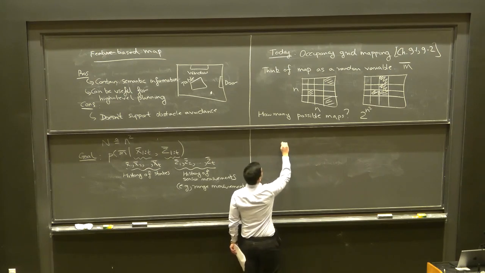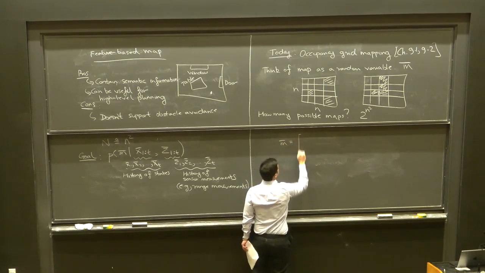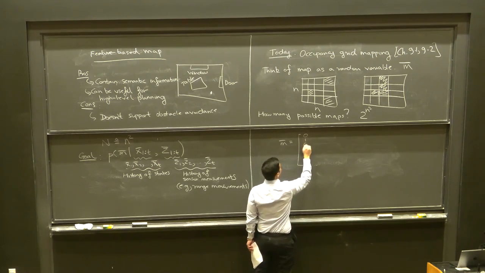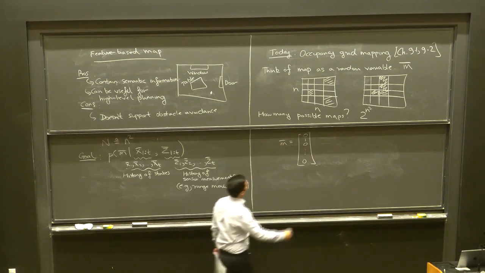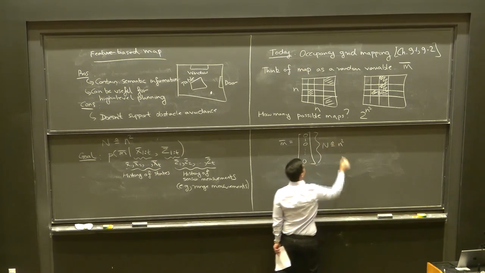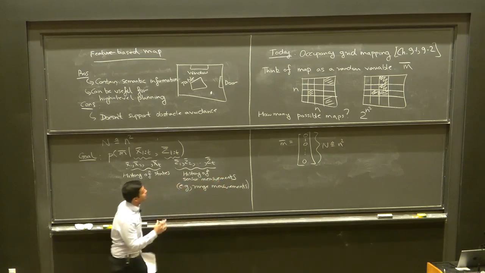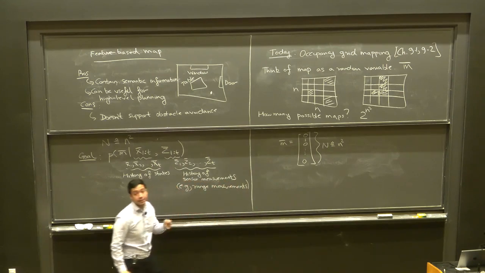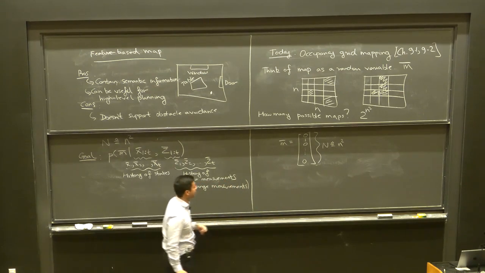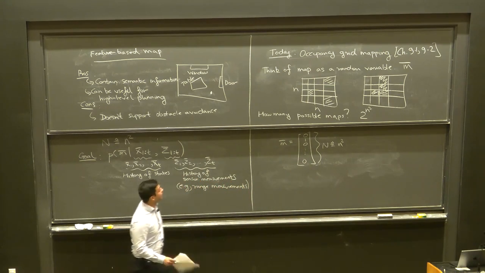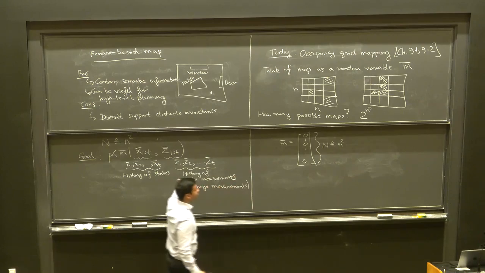Just for the sake of concreteness, let's think about the map as a vector of size capital N, where N is n squared, and if there's a 1 in the ith element of that vector, that represents occupied. So the cell is occupied. If there's a 0, the cell is not occupied. I'm just making this representation concrete.